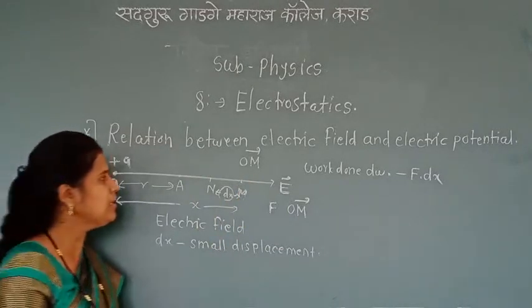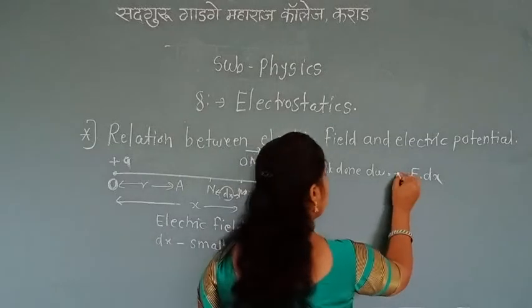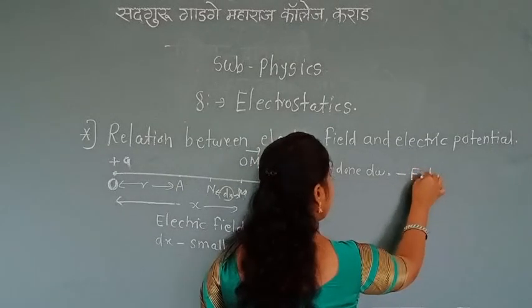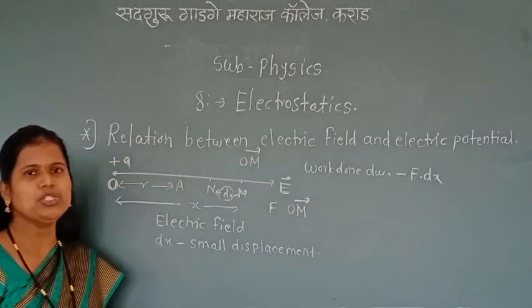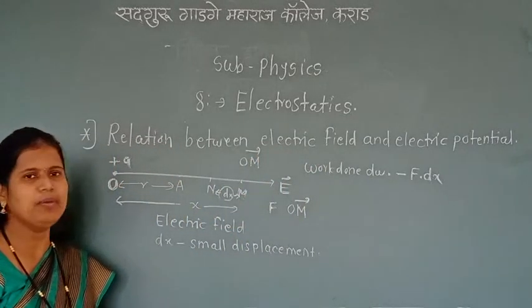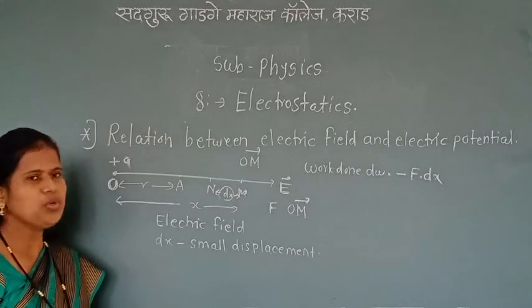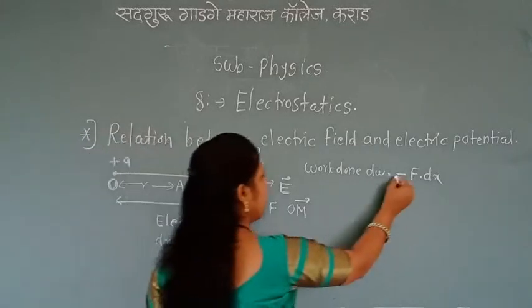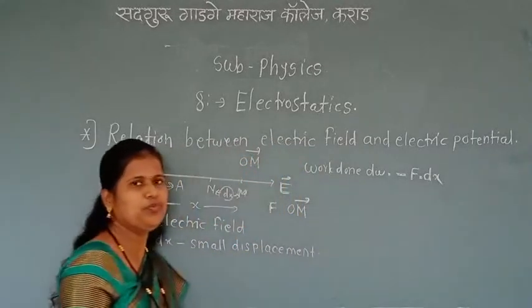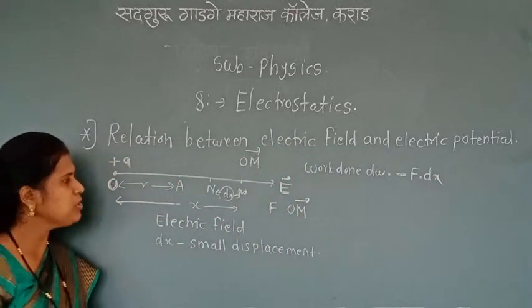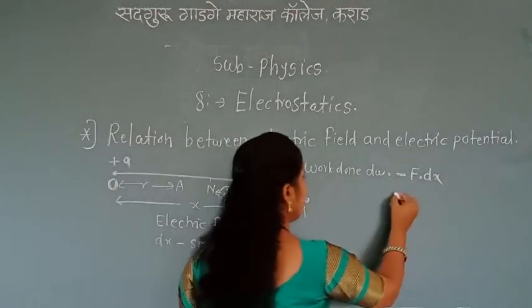Therefore dW is equal to force into displacement. Here the charge is moving in the direction opposite to the force. So this negative sign indicates that the displacement of the charge is opposite to the direction of the force. So work done dW is equal to minus F dx.